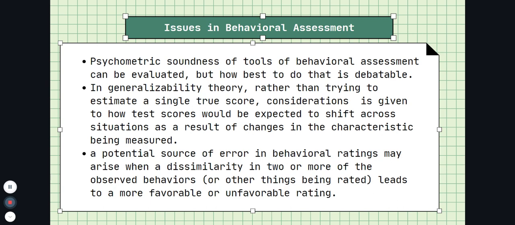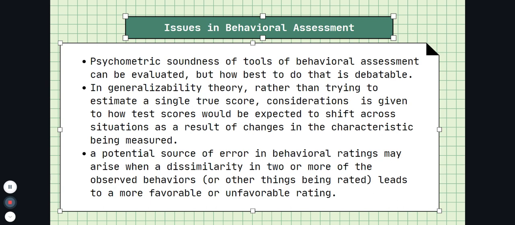In generalizability theory, rather than trying to estimate a single true score, consideration is given to how test scores would be expected to shift across situations as a result of changes in the characteristics being measured. It is for this and related reasons that generalizability theory seems more applicable to behavioral assessment than to the measurement of personality traits.